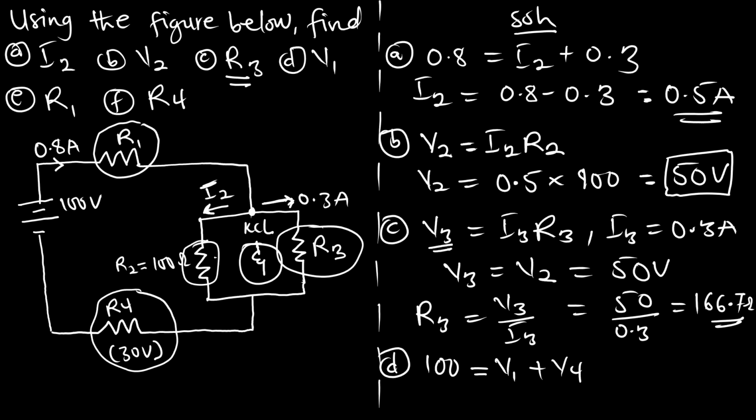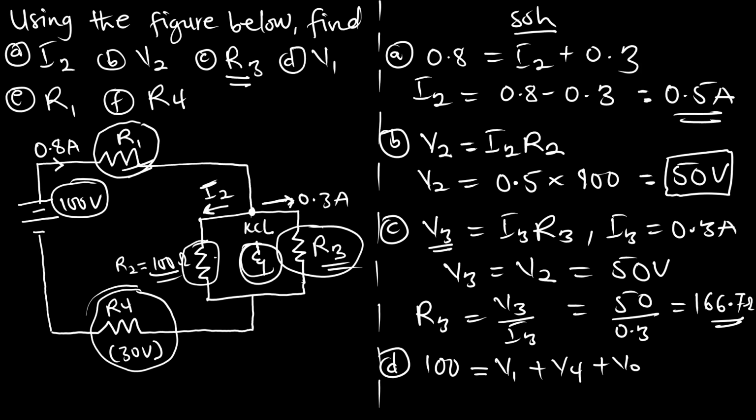let's call the resultant of R2 and R3 V0. So when you sum the voltage drop across resistor 1, those across resistors 2 and 3, and across resistor 4, you get the total voltage. Now we are finding V1.